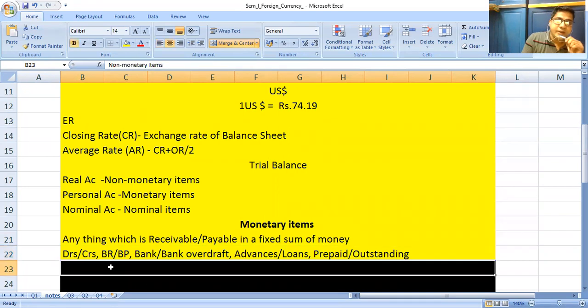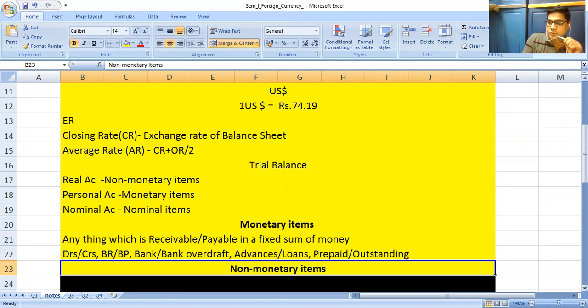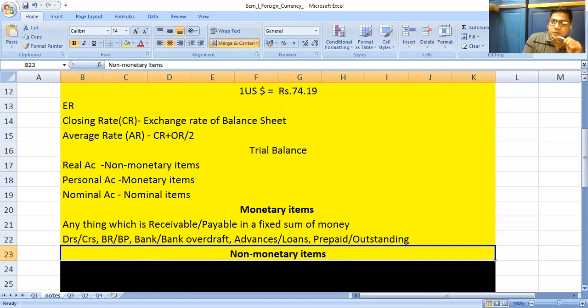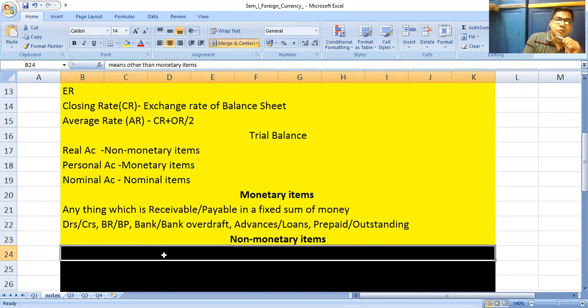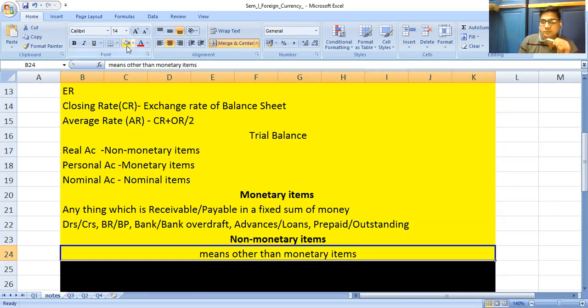Now, we should know about the non-monetary items also. There are certain examples of non-monetary items that we will discuss. What do you mean by non-monetary items? Those which are not counted in a fixed sum of money. It means it is other than the monetary items.